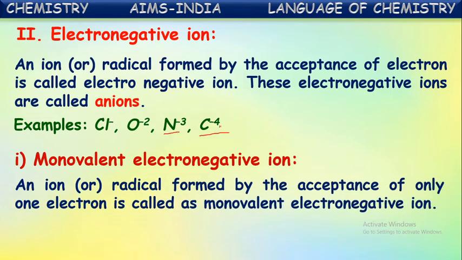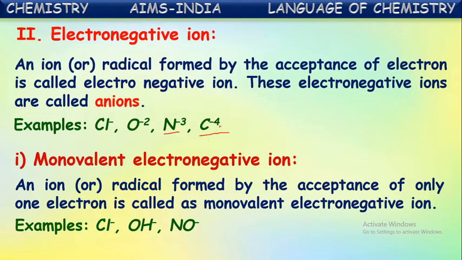It means the ions formed by the acceptance of only one electron are called monovalent electronegative ions. For example, chlorine ion or chloride ion, Cl minus ion, F minus ion, fluorine ion or fluoride ion, and OH minus, which is called hydroxyl ion or hydroxide ion, and NO minus ion.